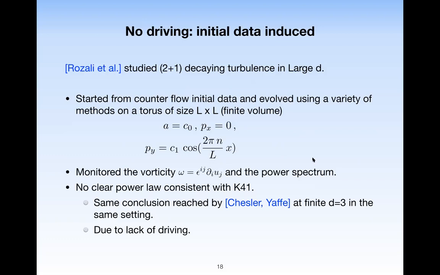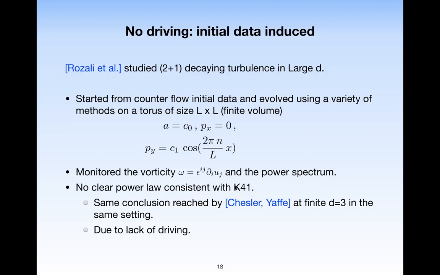I'll show you we reproduced that simulation, on the next slide, to convince yourself. Essentially, what they concluded was that they could not see clearly the emergence of the inertial range and the inverse cascade as was predicted by K41.